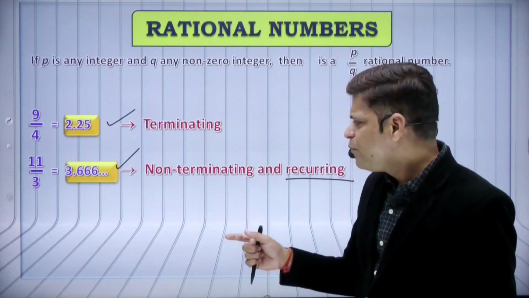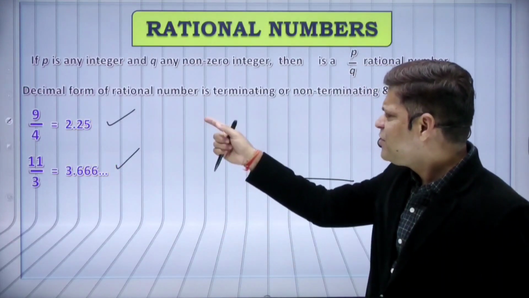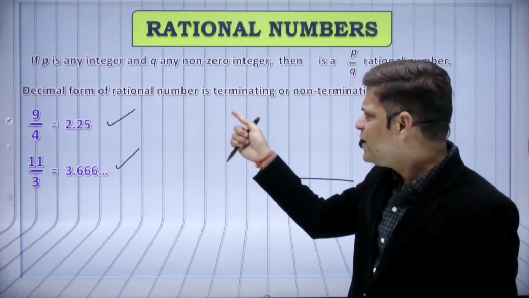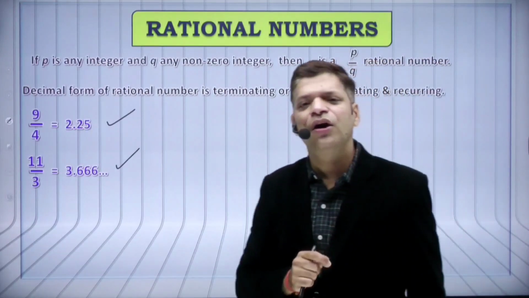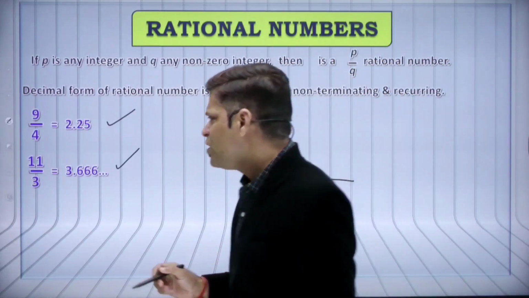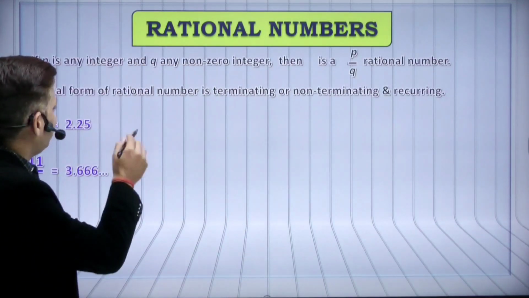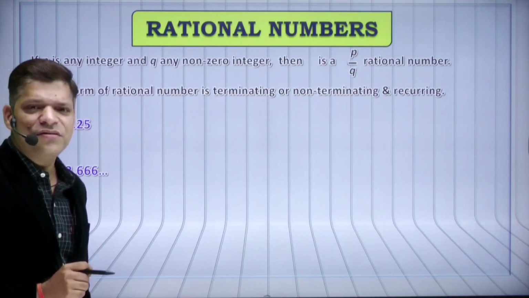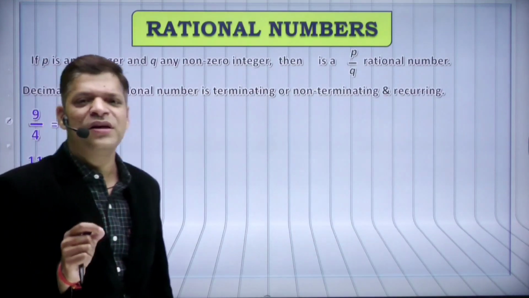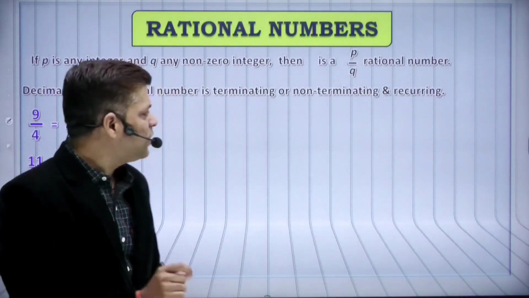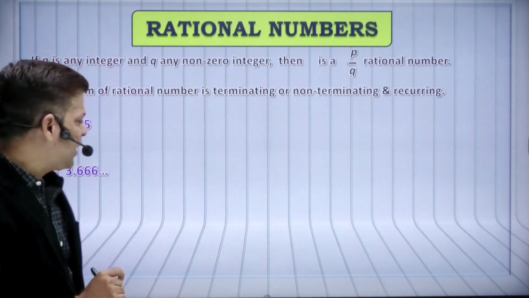Also we can write down that the decimal form of rational numbers is terminating or non-terminating recurring. So the decimal form of rational numbers is in two formats: the first is terminating, and the second is non-terminating and recurring.